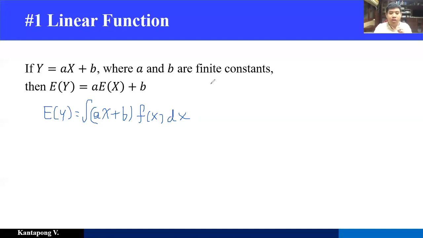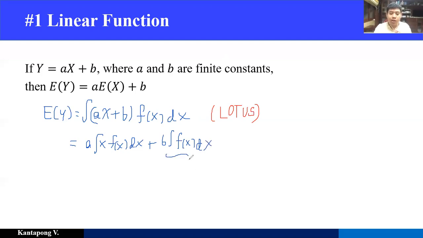Notice that here we are using the law of the unconscious statistician, the law of Lotus. Then we split into a times the integral of x f(x) dx, plus b times the integral of f(x) dx.